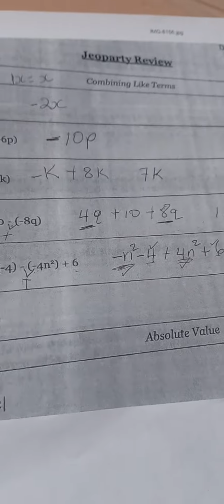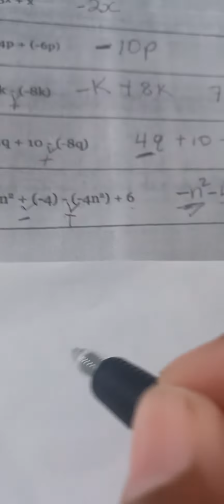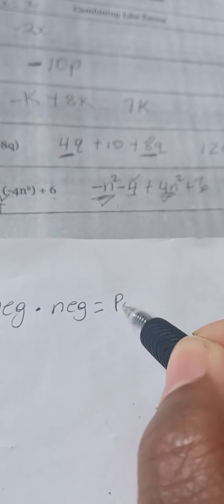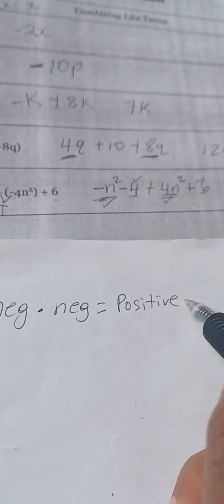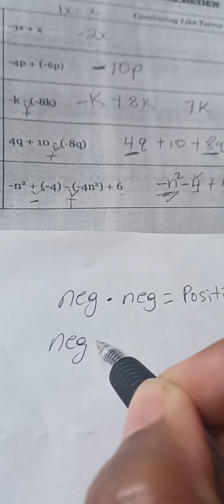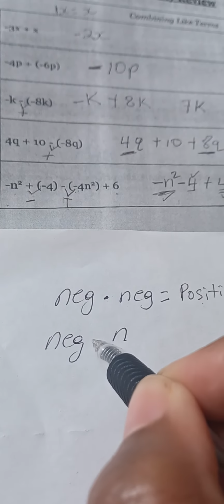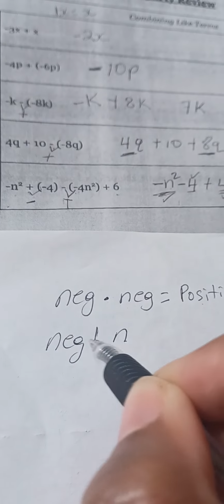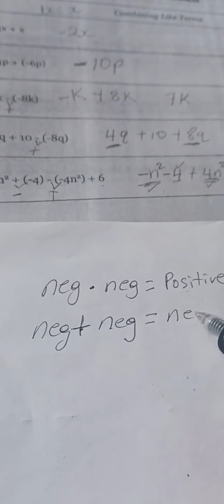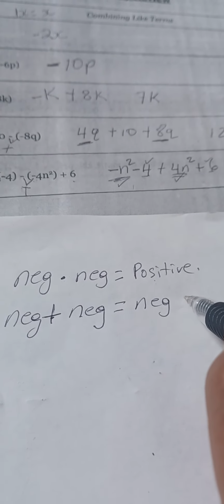There are some things to remember here. Remember that when you have a negative and you multiply it by another negative, you must get a positive. And when you have a negative, I'm just going to shorten the word negative, plus a negative, your answer will be a negative, and then add the digit.